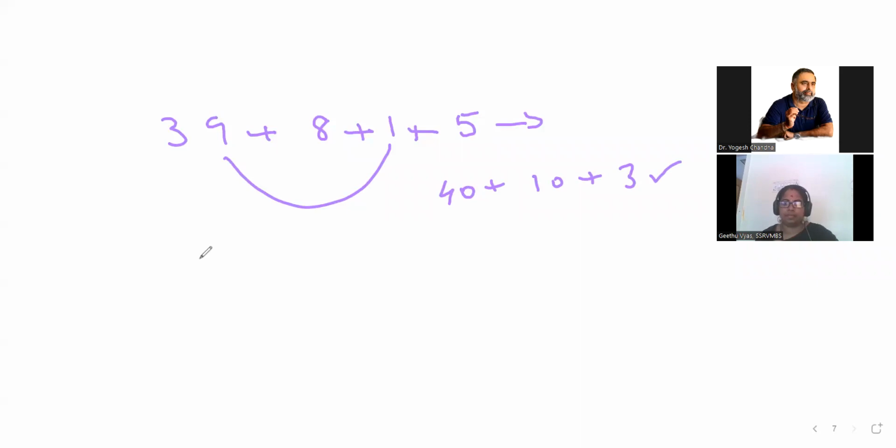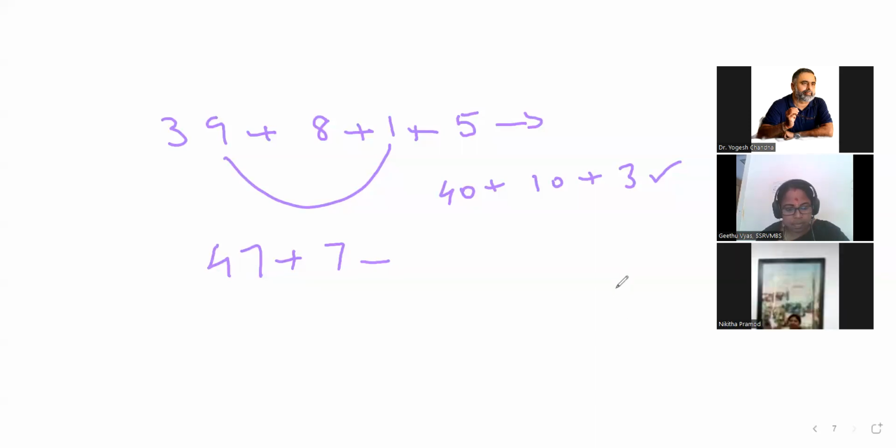See, there is always a flexibility in Vedic mathematics. This is how we need to teach the students how they can do it. Let them not just think 45 plus 7 is 52. No, let them make different ways. 40 plus 5 and 7 is 12.